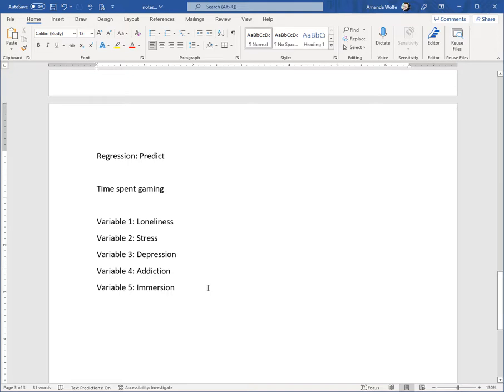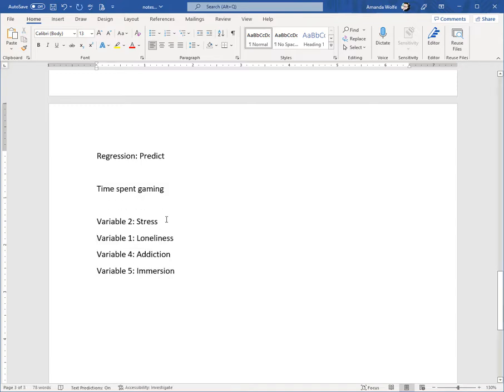So let's say I scatter a lot of information, and what I find is that depression is not a good predictor at all. And instead, these 4 are predictors: loneliness, stress, addiction, and immersion. Well, the reason why this is called a hierarchical regression is because it is going to help us place these variables in order from the strongest predictors to ones that are less strong.